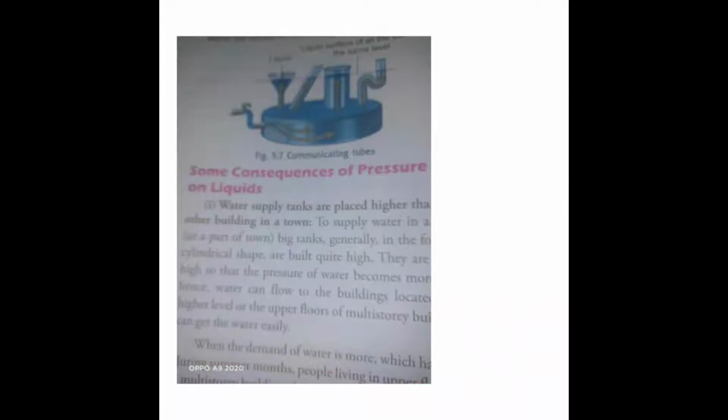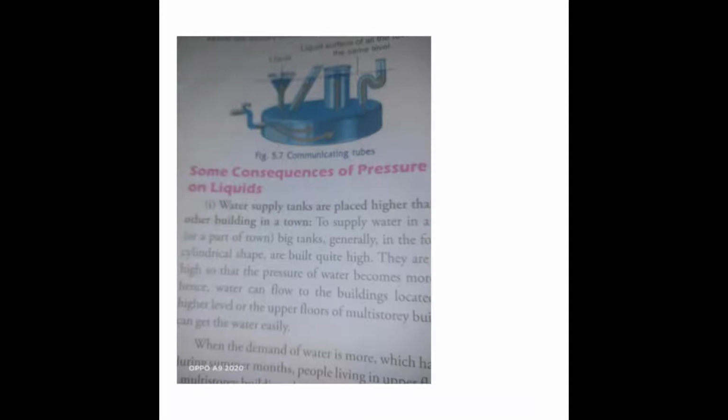That is why water supply tanks are placed at a higher level. So you see what is written here at this portion: water supply tanks are placed at higher level. This portion is written clearly.